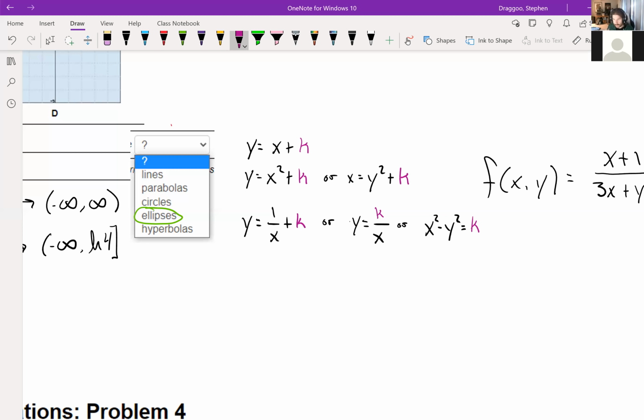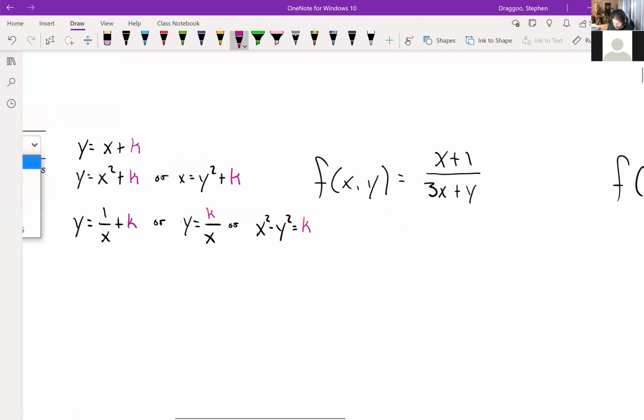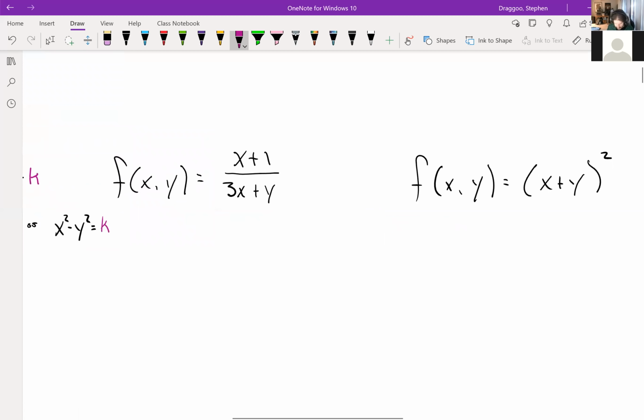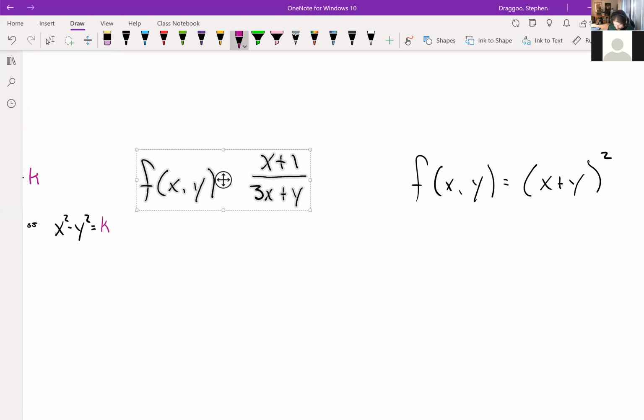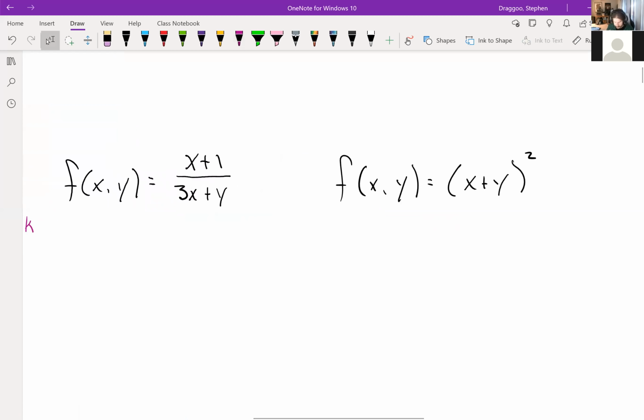Okay, with that out of the way, let's go take a look at this next function. So say I've got these functions and I wanted to find some level curves for them. What might they look like? So again, the practice here is just setting z equal to k, or heck, I don't even really need to set it equal to k.